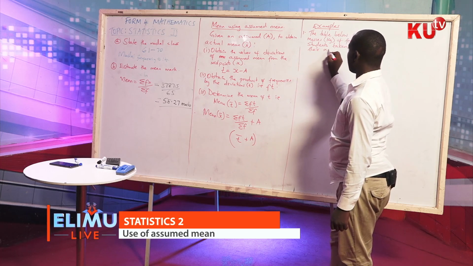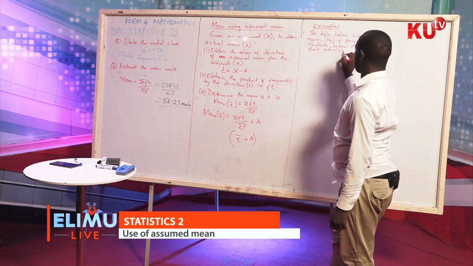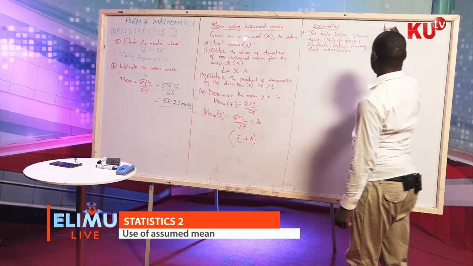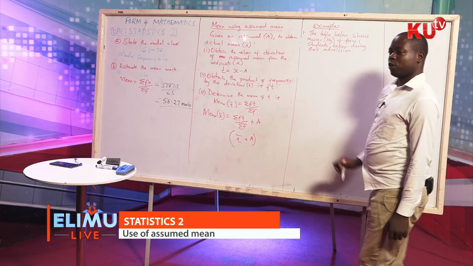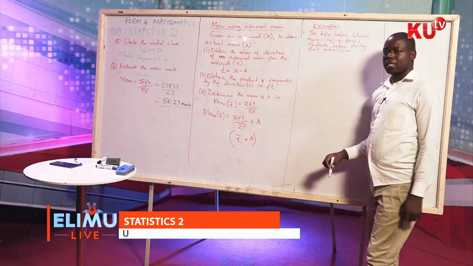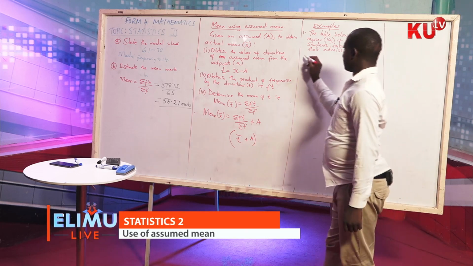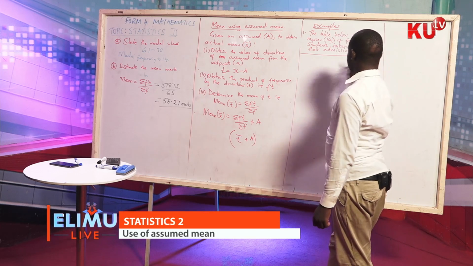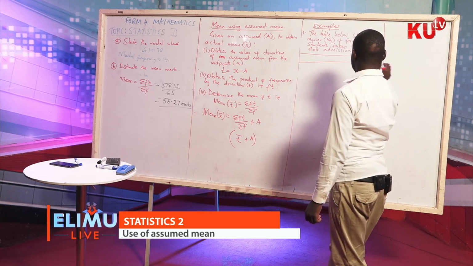So during the admission of Form 1 students, we took the following entries as regards to their masses. And these masses are presented in this table.